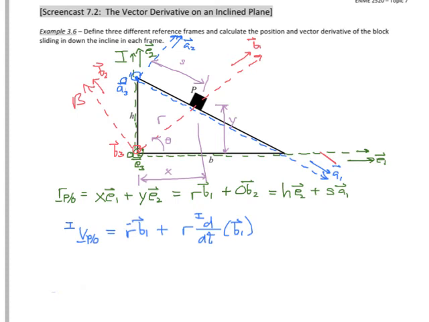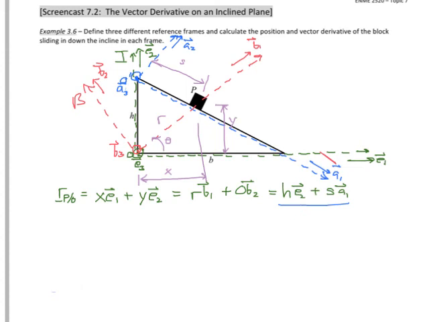So let's move on to the last reference frame that we have, which is reference frame A. Recall that when we used reference frame A, we used the path coordinate in the A1 direction, but we had to combine that with a distance in the other basis, which is in the E2 direction.